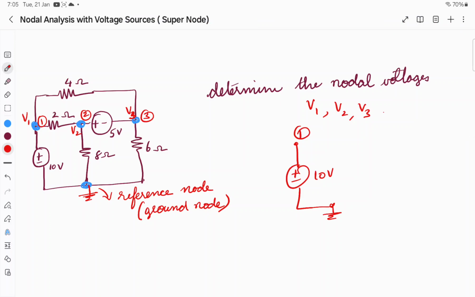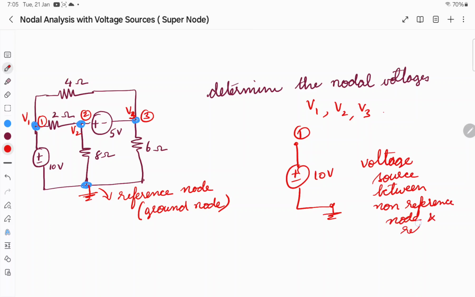This is the first case, the voltage source between a non-reference node and the reference node. In this case, it's very straightforward.